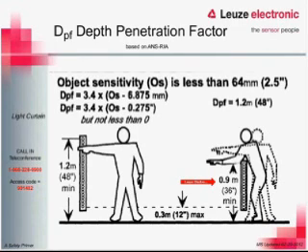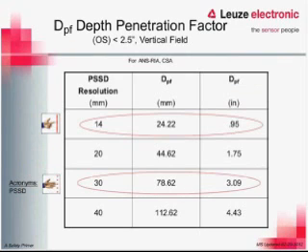So if we have the same light curtain, a little bit longer, mounted correctly, now depth of penetration comes into account, and our depth of penetration goes from 48 inches to 0.275 inches. Our depth of penetration factor is not just based solely on resolution.